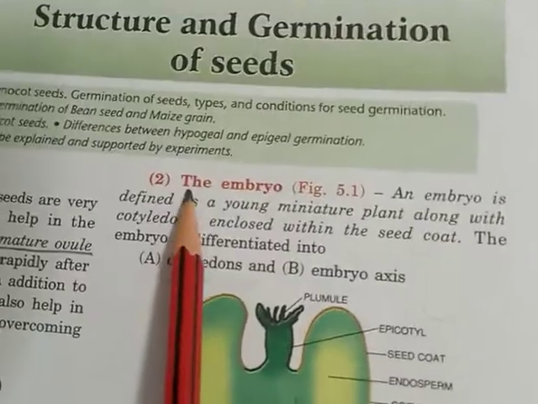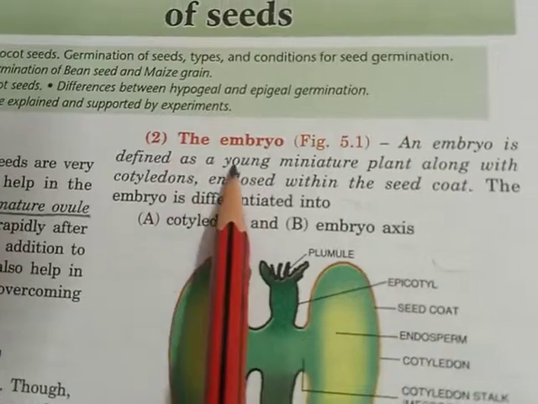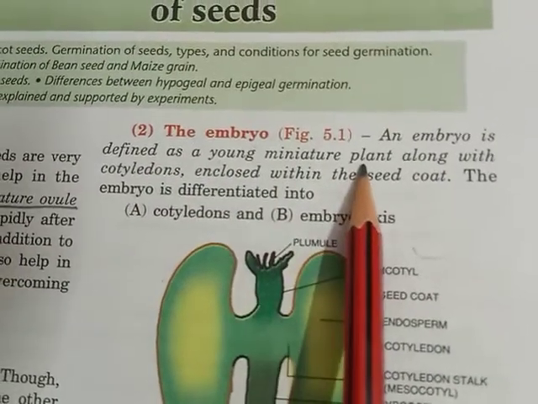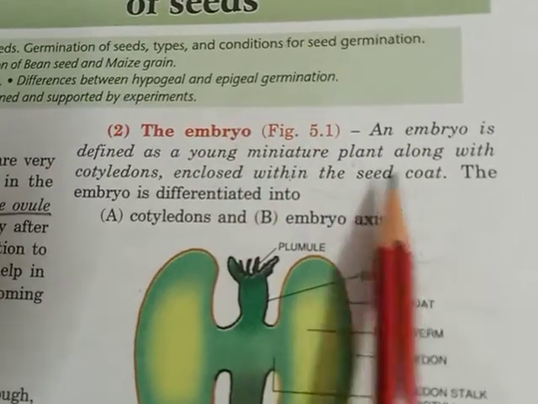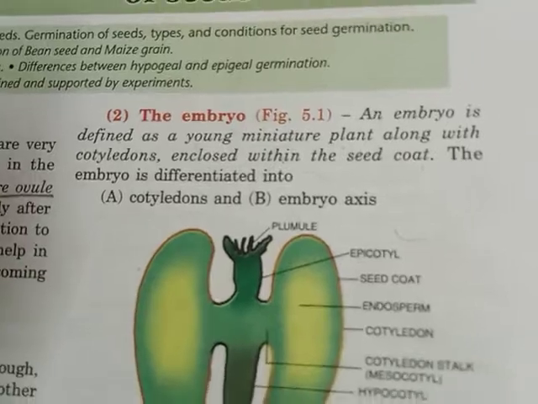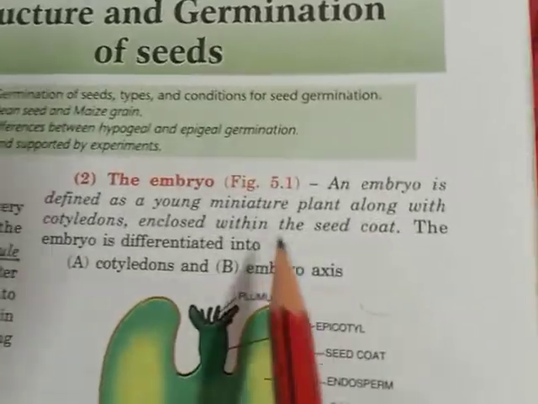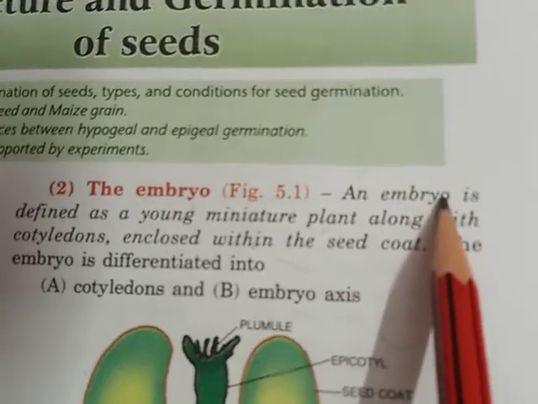Next, children, is the embryo. An embryo is defined as a young miniature plant along with cotyledons enclosed within the seed coat. So inside the seed is a baby plant, and that baby plant is known as the embryo.